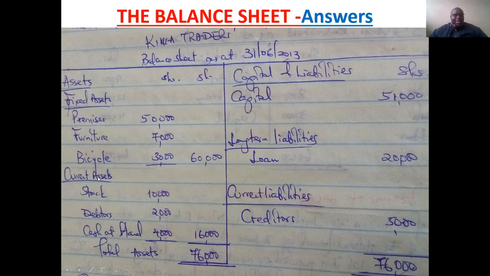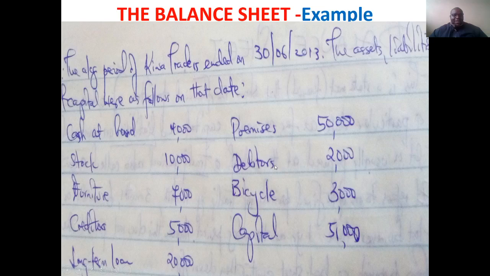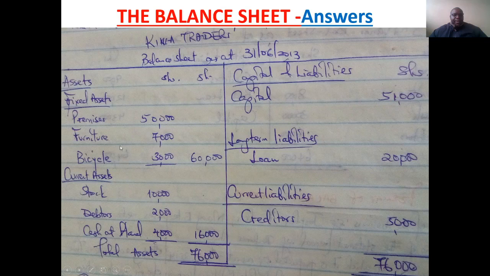Then we have current assets. In our case, we have debtors, we have stock, and we have cash at hand. So stock, debtors, cash at hand, the total here, current assets, and then the total assets is the total of current and fixed assets, which is 76,000.